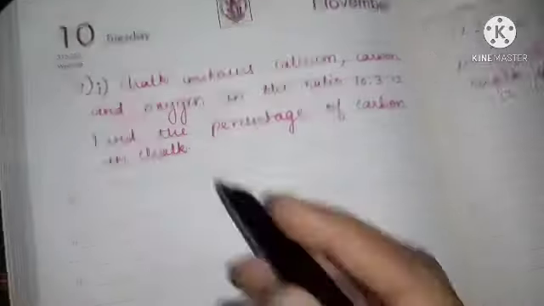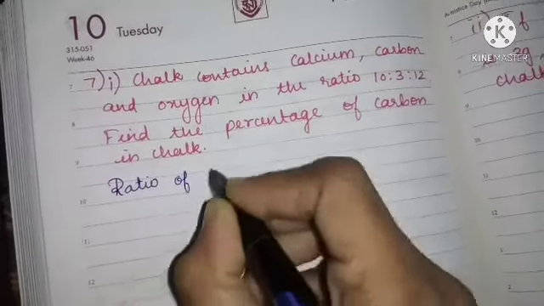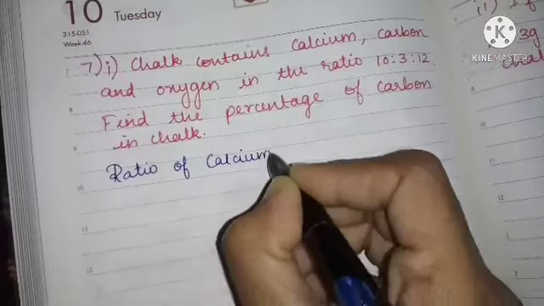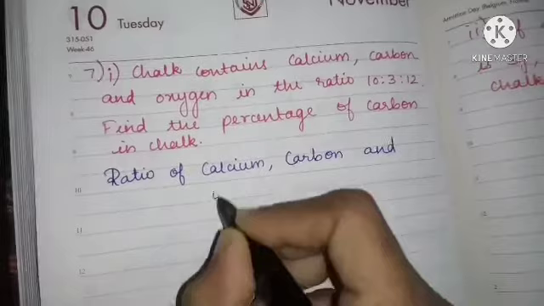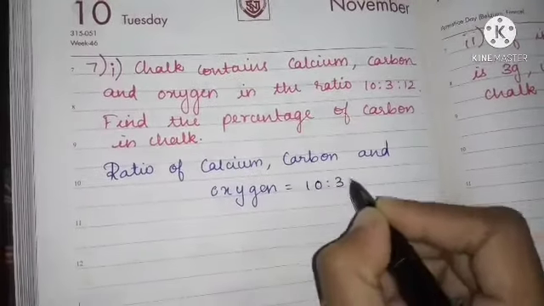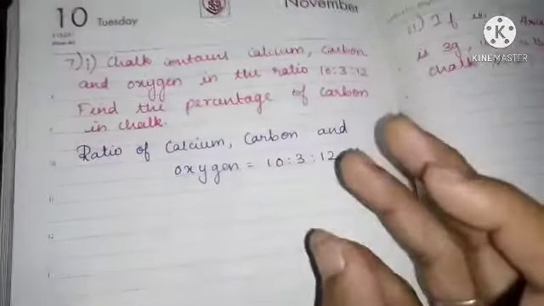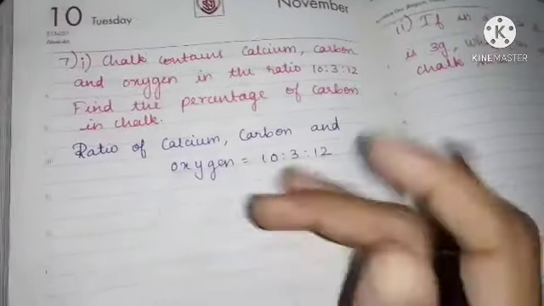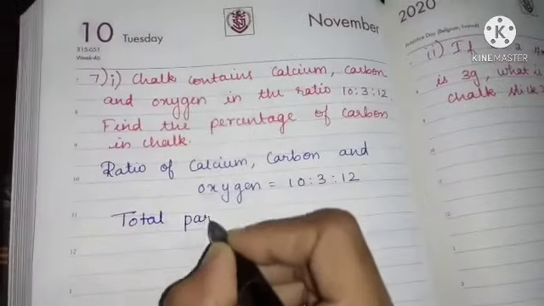Okay, so first ratio of calcium, carbon and oxygen is equal to, what is the ratio? 10:3:12. Correct? 10:3:12 is the ratio of that calcium, carbon and oxygen. So what is the total parts of the compound?